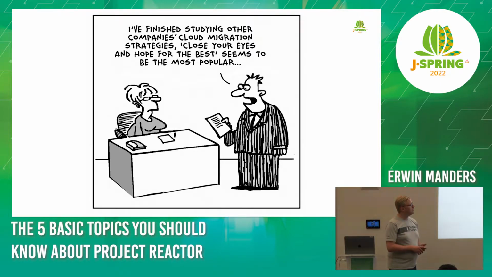So we started looking at how we wanted to improve it. How do we want to start writing code in the cloud that allows us to write business code instead of just technical code? And we chose to go with Project Reactor because it allows you to write what should happen and not how it should happen. So basically right now we don't write any more recursive tasks or concurrency code.